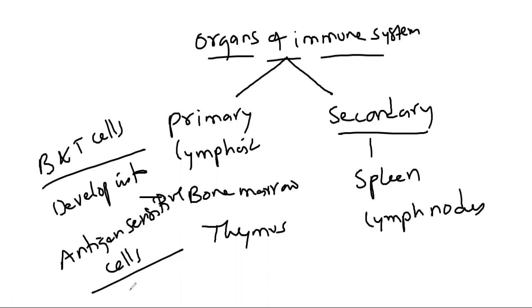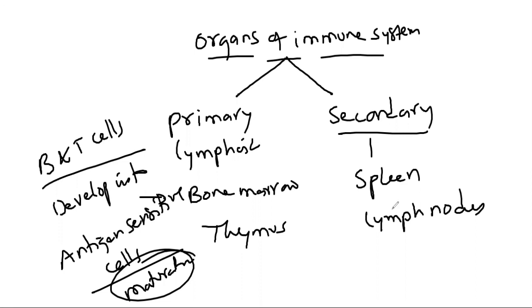That means they undergo maturation and now they are capable of recognizing the antigen. So B and T cells develop into antigen sensitive cells in primary lymphoid organs.